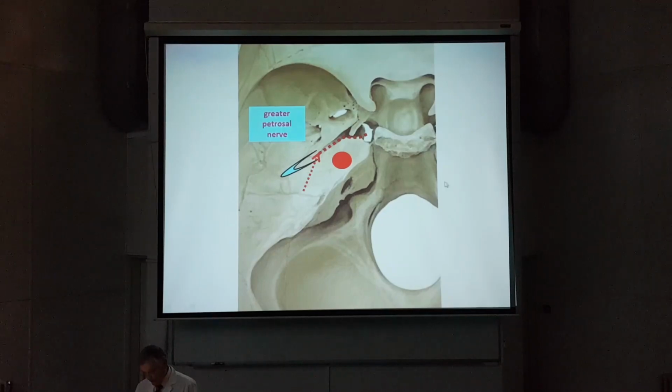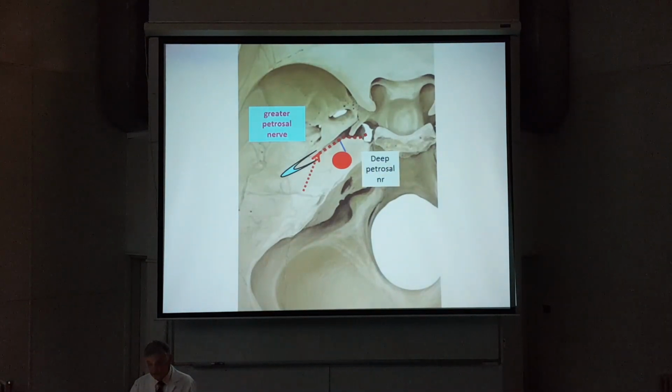Now, inside the petrous temporal bone, there is the internal carotid artery. Internal carotid artery has sympathetic plexus in its wall. So a nerve comes from the internal carotid artery, sympathetic.